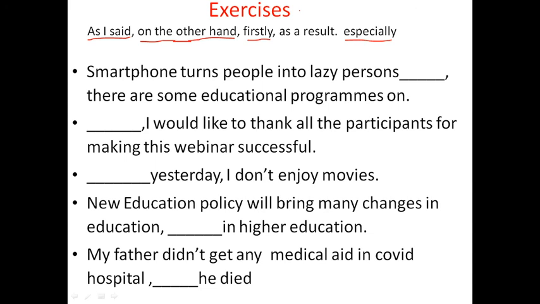Now the bachelor degree has become 4 years, and honors also introduced. Next question: my father didn't get any medical aid in the COVID hospital, dash, he died. So something to arrive at a result: it is as a result. He didn't get medical help, so he died. The related answer is as a result he died.